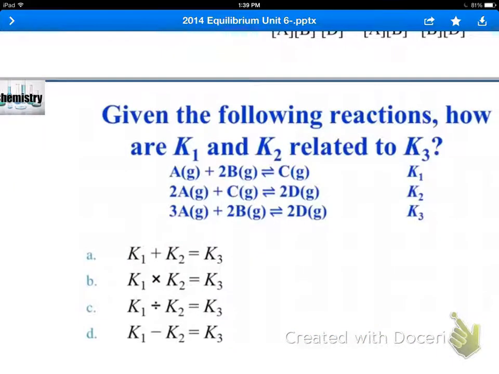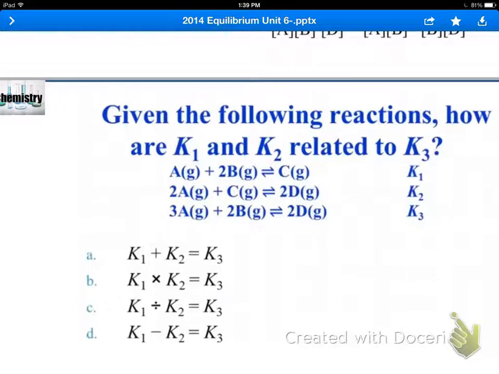Okay, so let's apply all these. The first thing I want you to do is, given the following reactions, how are K1 and K2 related to K3? So here I have A plus 2B gives me C, and then I have 2A plus C gives me 2D, and overall I end up with 3A plus 2B gives me 2D.